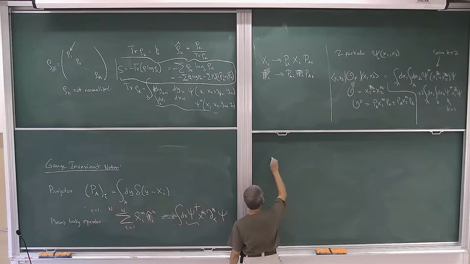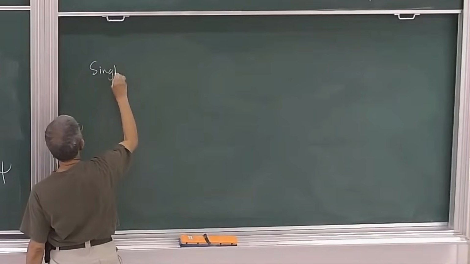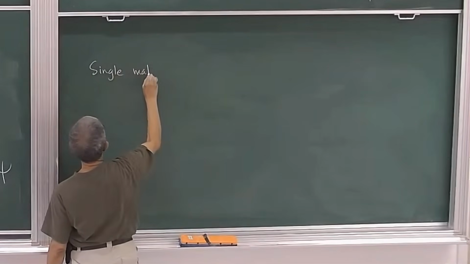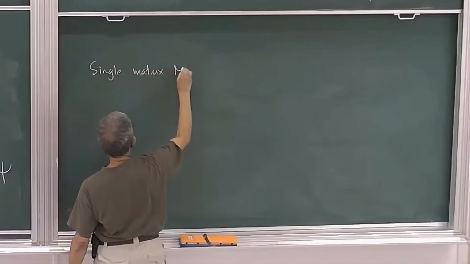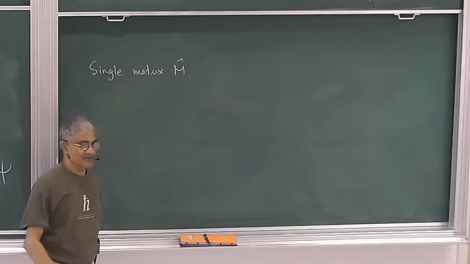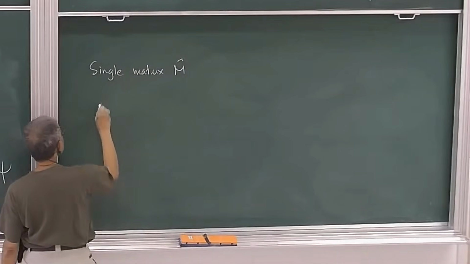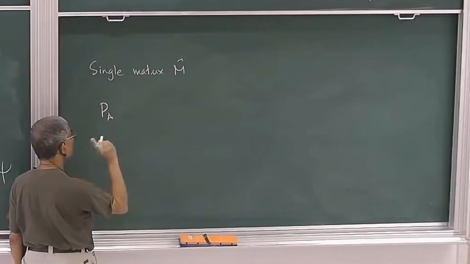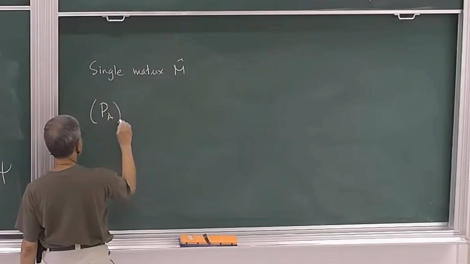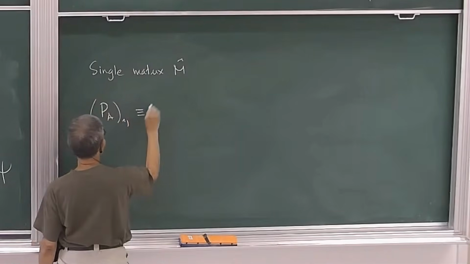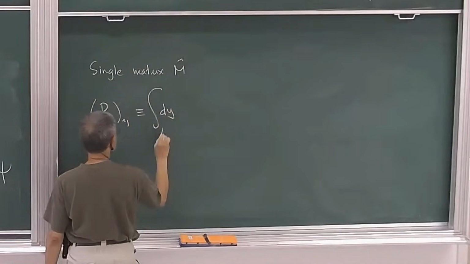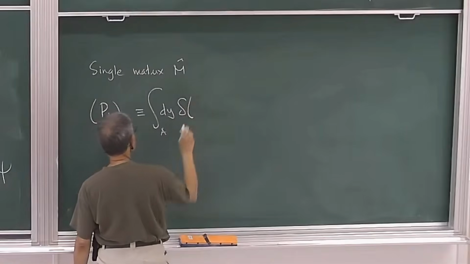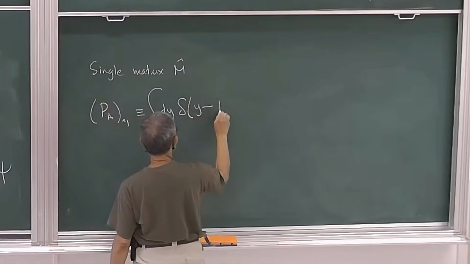I have a single matrix, which I call M. There is an operator for the single matrix M, and you define a projection operator, which is a matrix valued object. I'll tell you what this thing actually means.